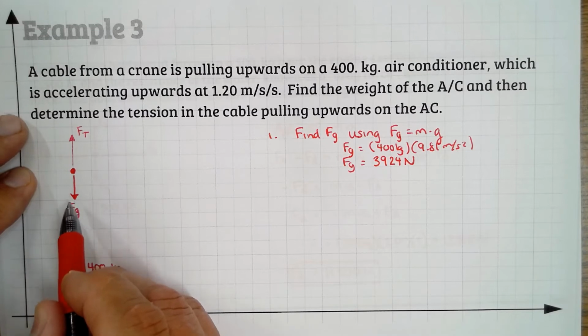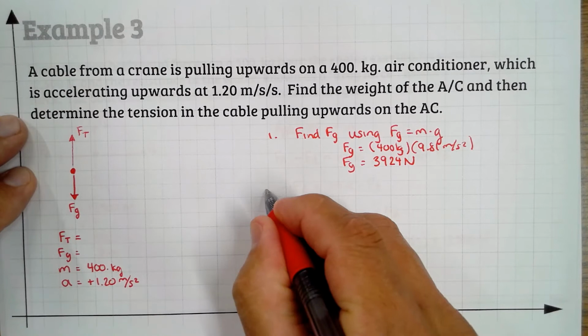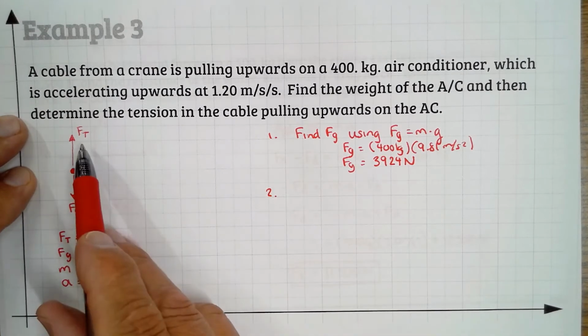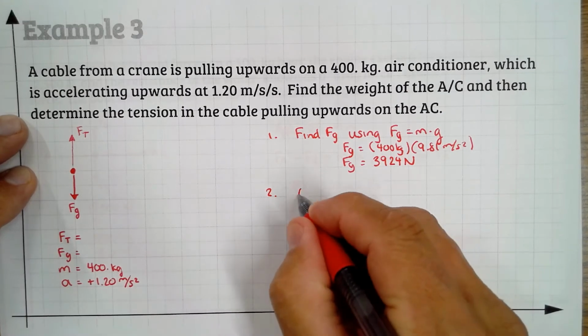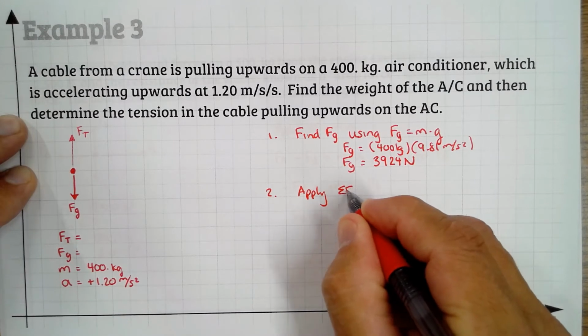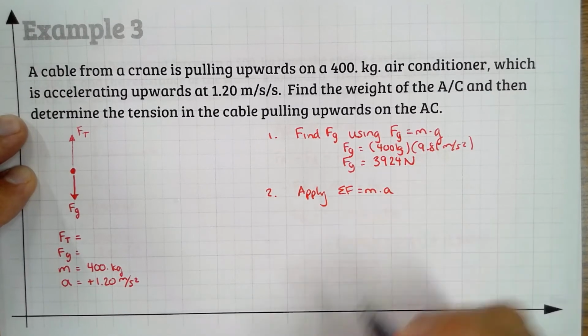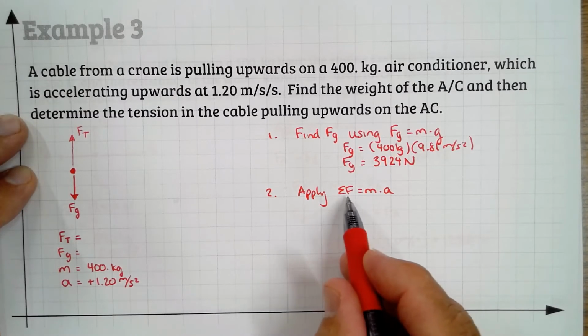Okay? All right. The second thing we're going to do is we're going to apply Newton's laws because we have more than one force in the vertical direction. So we're going to apply this principle, which says that the net force equals the mass times the acceleration. So for this problem, the net force is the forces that are going up.